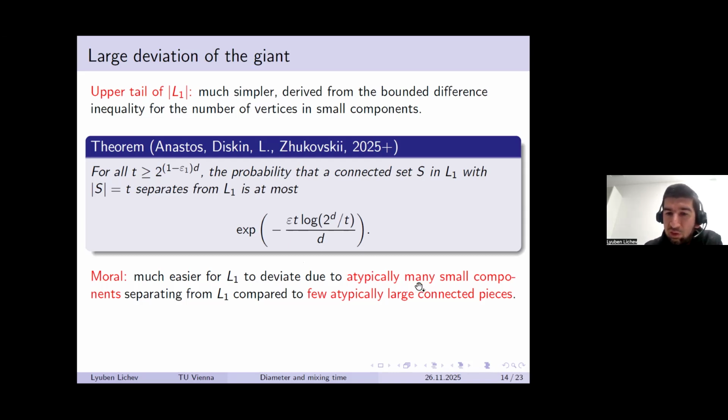So many small components which separate all around the cube from the giant is a more typical reason why your giant should deviate. This is the rough intuition to have in mind.